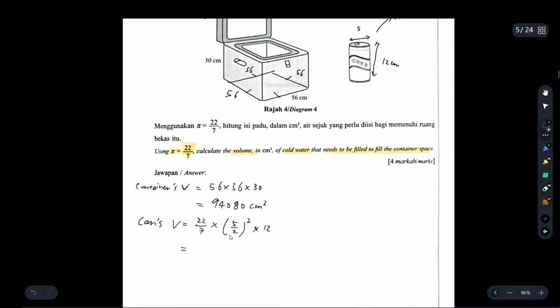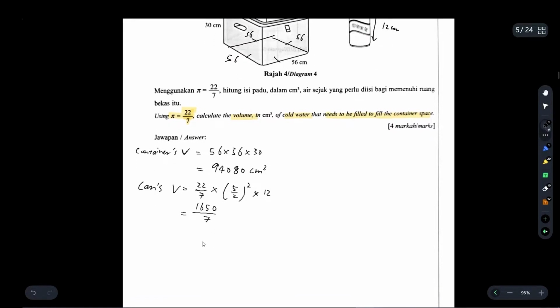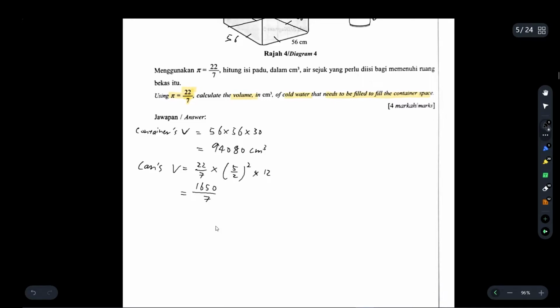I like to write it in this fraction form. I forgot what it's called in English, but I know it in Chinese, I think it's called 带分数. So this is the volume of the can.